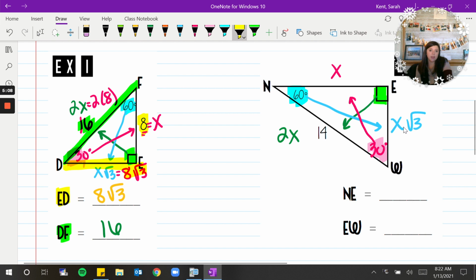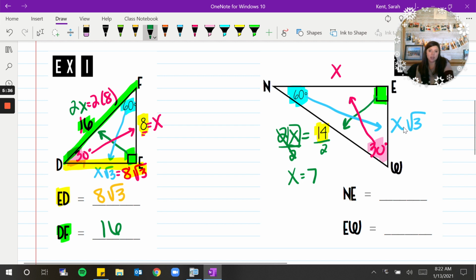So this time they gave us 14. So that means that 14 is equal to 2x. So to find out what just x is, we need to divide by 2 to get rid of this 2. So those 2's cancel, and then x equals 14 divided by 2 is 7.